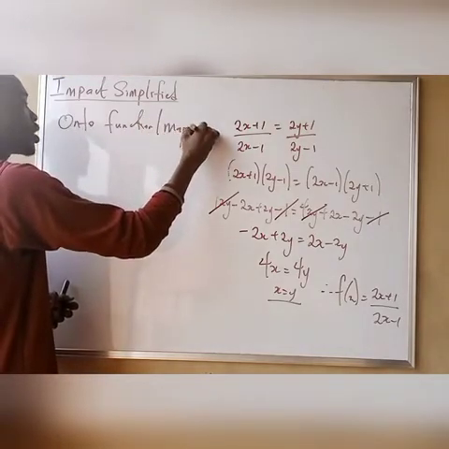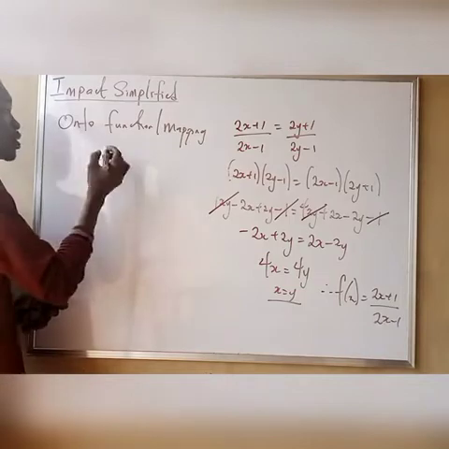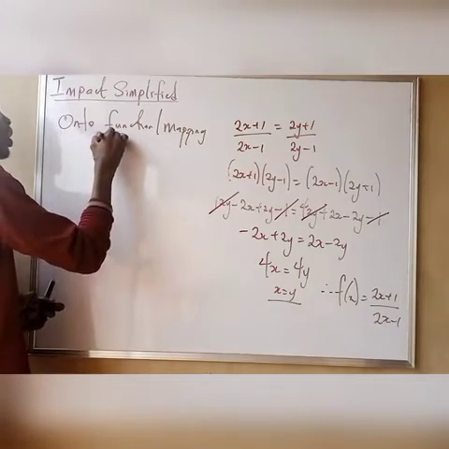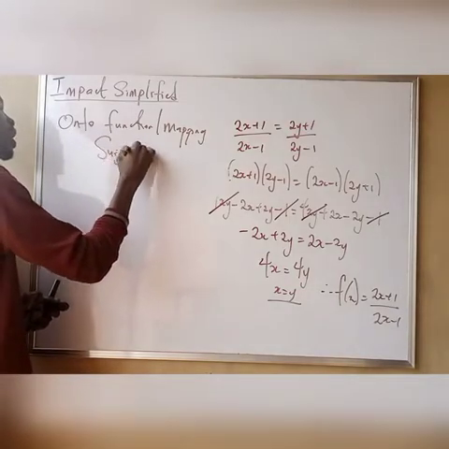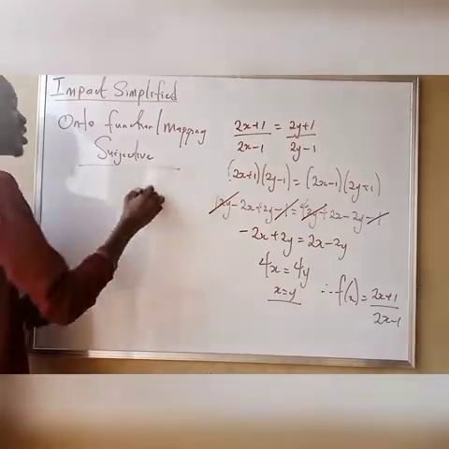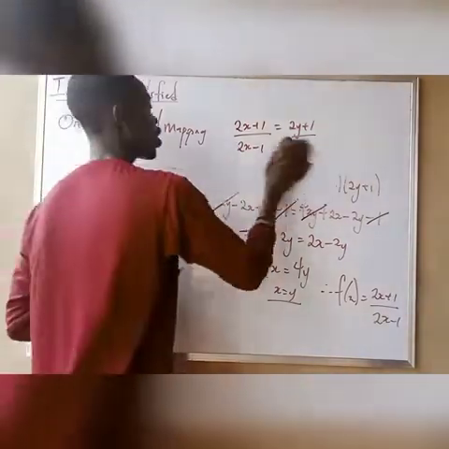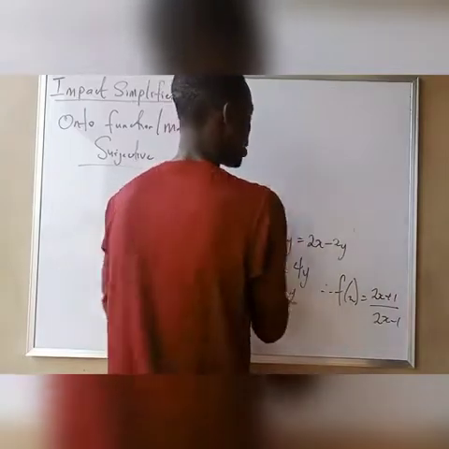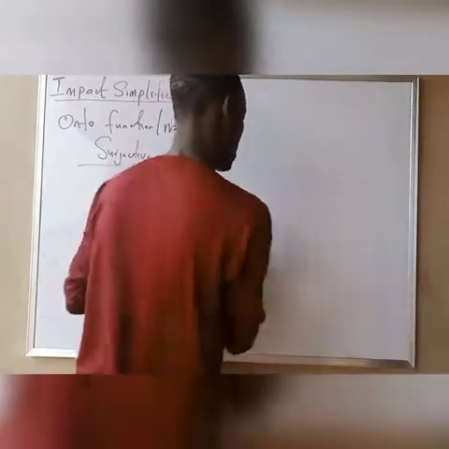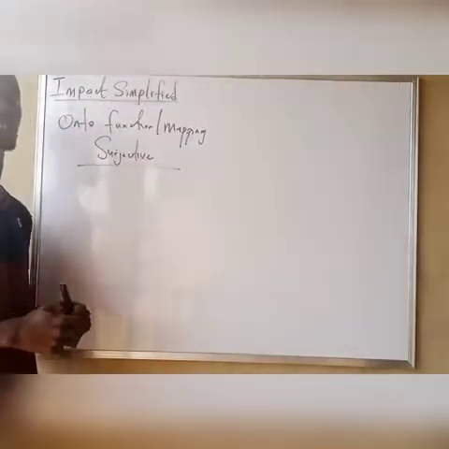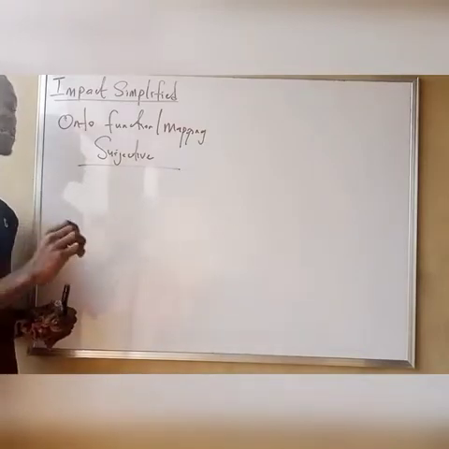So when we are talking of the onto function or the onto mapping, what are we trying to say? We have said it's still the same thing as the surjective. So we are looking at the onto mapping or the surjective mapping. And what is the meaning of surjective? First of all, understand the meaning.